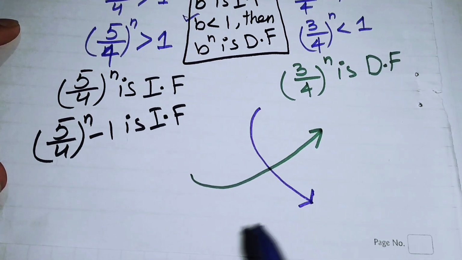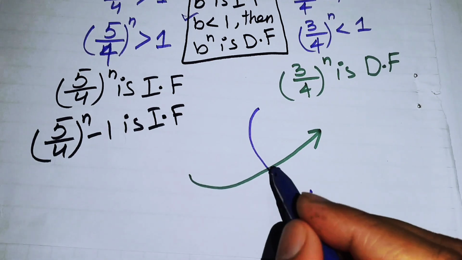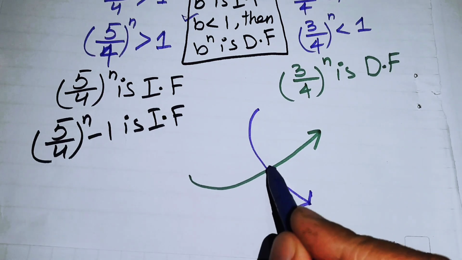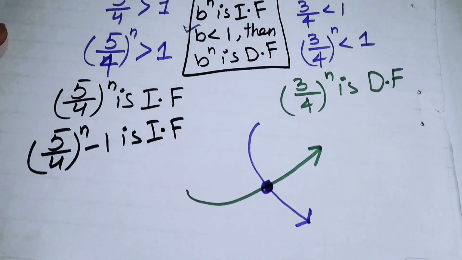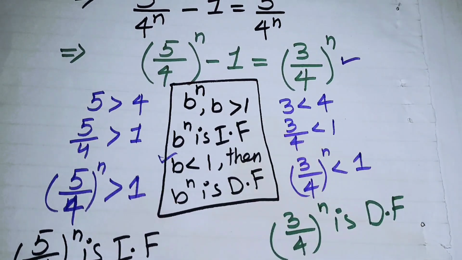So this is the decreasing function, and you see here in the diagram, increasing function and decreasing function will intersect on one point, this point. So this point will be the solution of the given problem, or this point will be the solution of this equation.